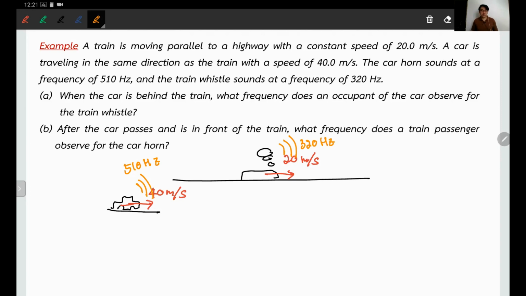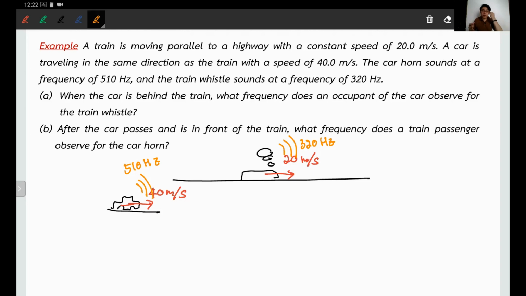Now, let's try part A. When the car is behind the train, that's the scenario we're having right now, what frequency do the occupants of the car observe for the train whistle?